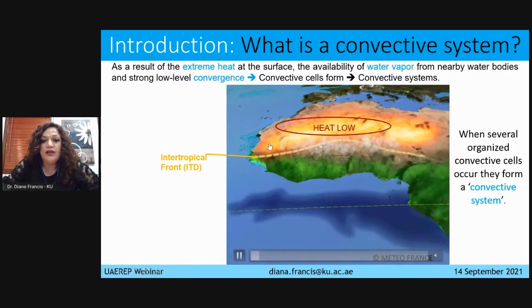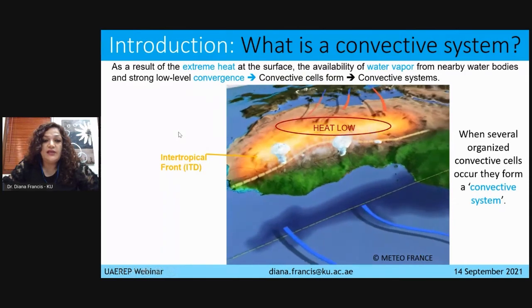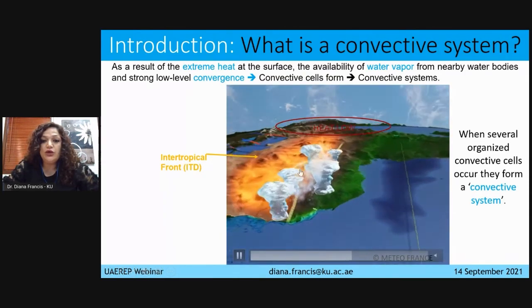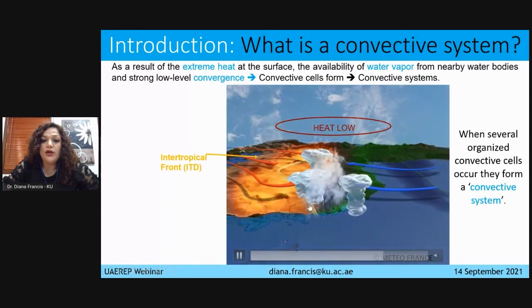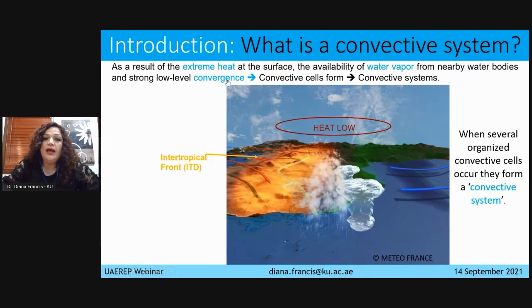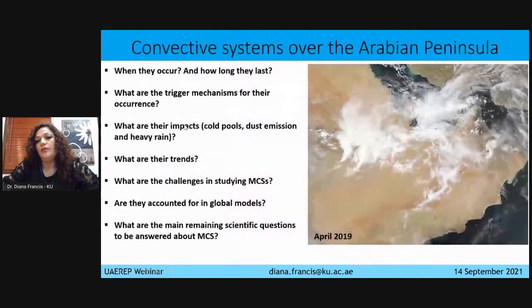Once again, these convective cells are the result of extreme heat first, then availability of water vapor, which is also made available by evaporation from the ocean during summer, and the low-level convergence. Now, as we all know, the Arabian Peninsula is located in these zones, in the tropics and subtropics, so it also has this type of climate characteristics.